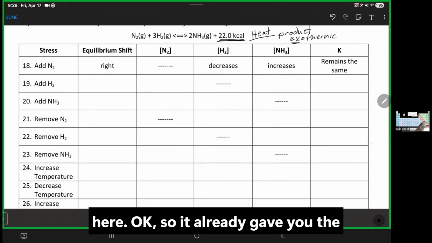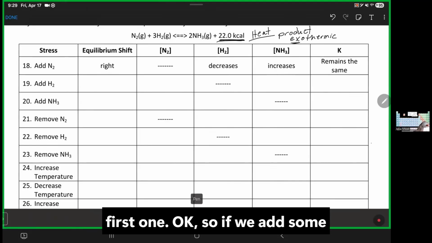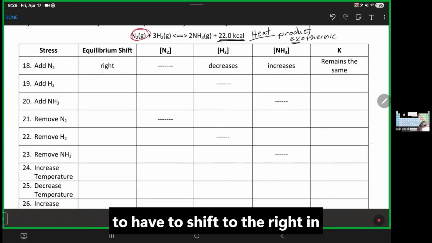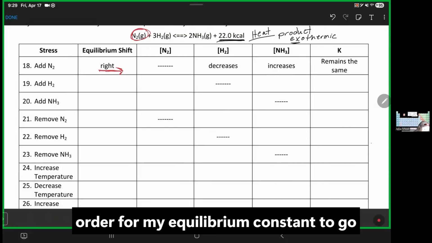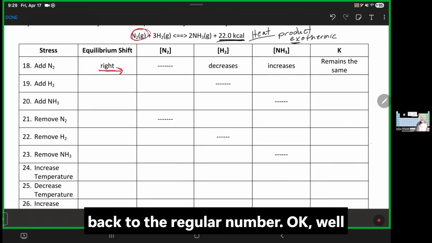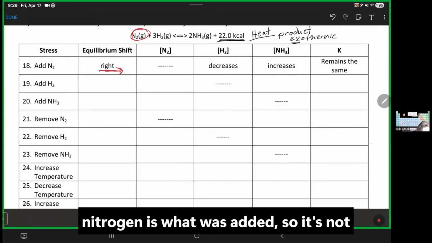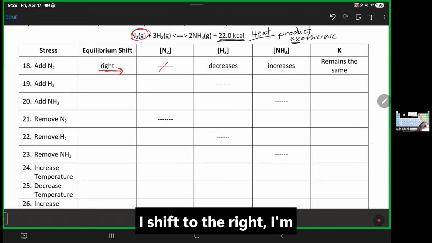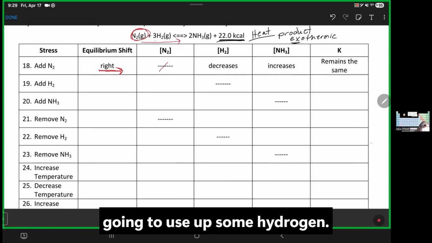Okay, so it already gave you the first one. If we add some nitrogen, I'm adding reactants. I'm going to have to shift to the right in order for my equilibrium constant to go back to the regular number. Well, nitrogen is what was added, so it's not going to affect that. But if I shift to the right, I'm going to use up some hydrogen.